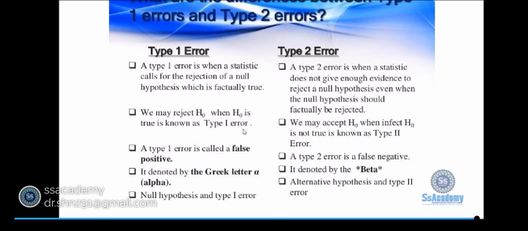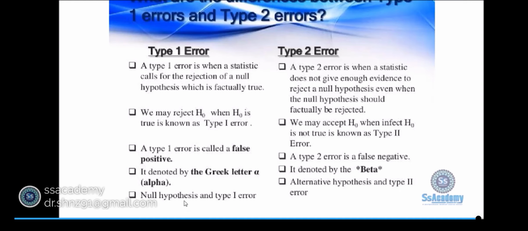We may accept H0 when in fact H0 is not true, known as a type 2 error. A type 1 is a false positive, a type 2 is a false negative: alpha and beta.